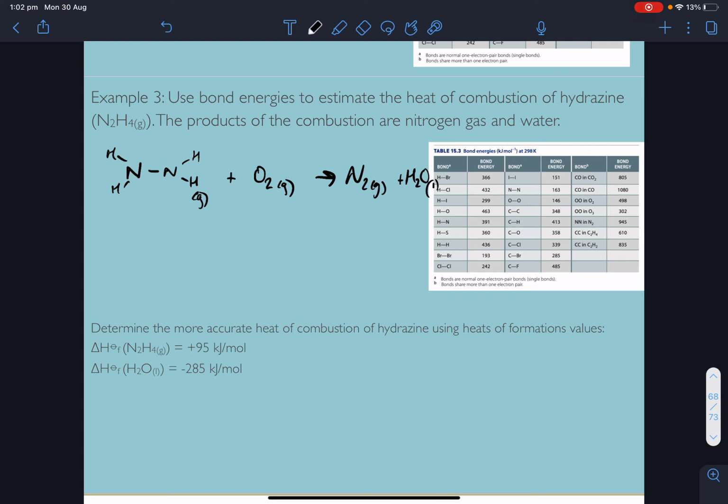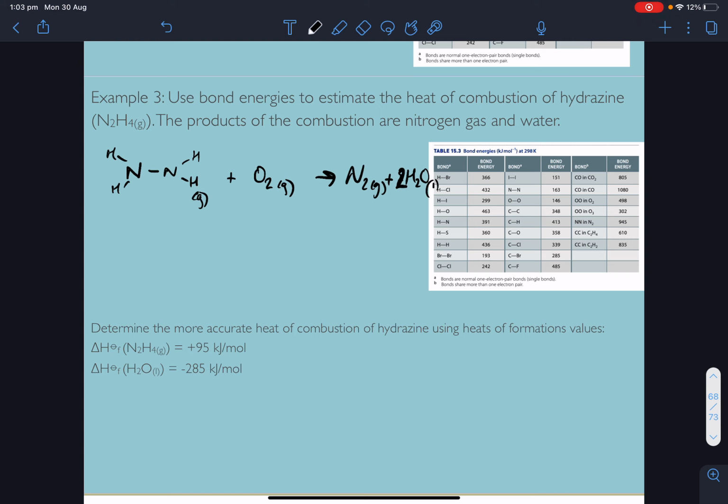Let's make sure that we're balanced. There's 4 hydrogens, so I need a 2 there. I think I might be balanced: 2 nitrogens, 4 hydrogens, 2 oxygens. So there's my balanced equation.